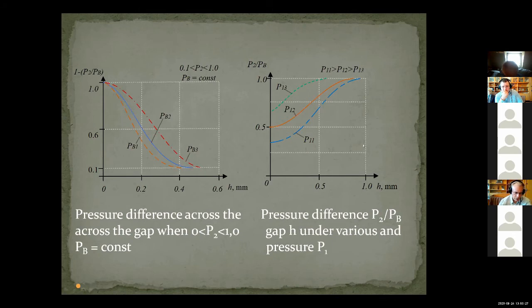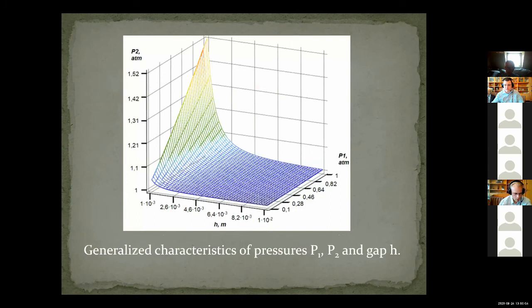Pressure P2 typically lies in the range between 0.1 and 1.0 for the case when PB is constant. The pressure P1 may be changed, such that P11 is more than P12 and P12 is more than P13.